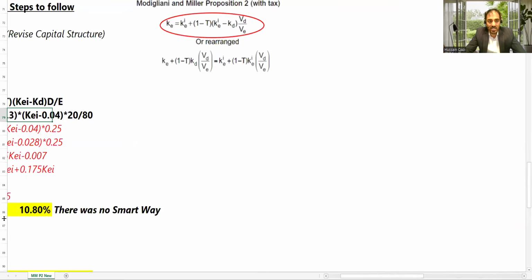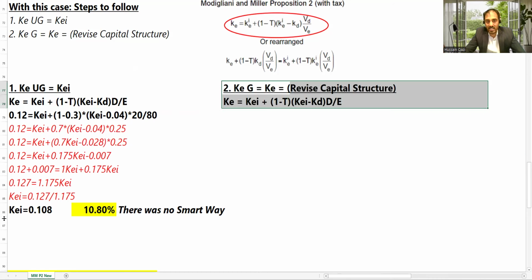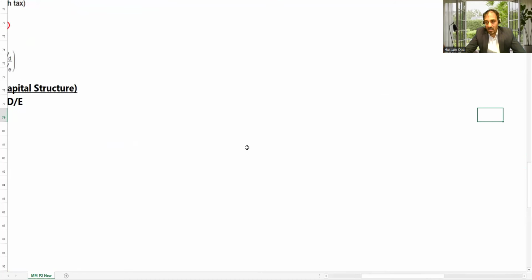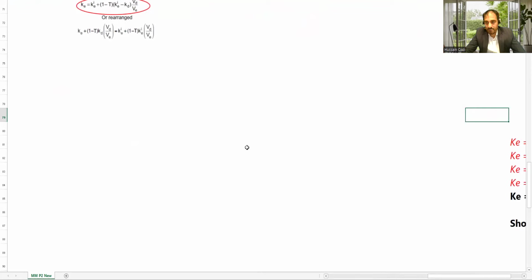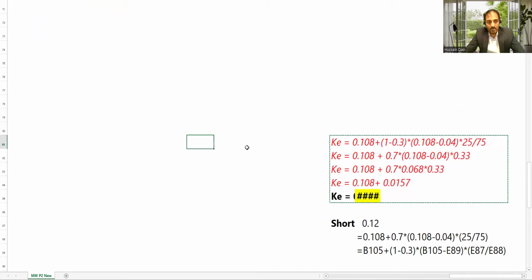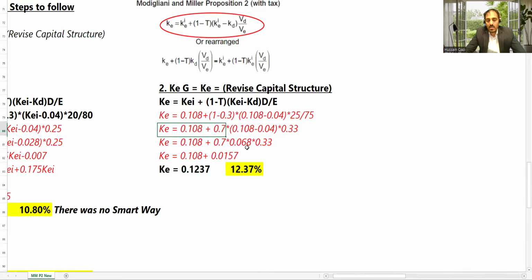What about the next point, sir? We have covered ungeared, but what about geared? The same formula we will use to calculate geared K, but with the revised capital structure. If you wanted to calculate the K, this is K 12.37.